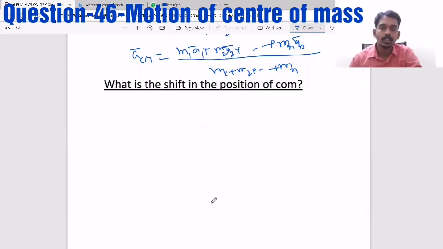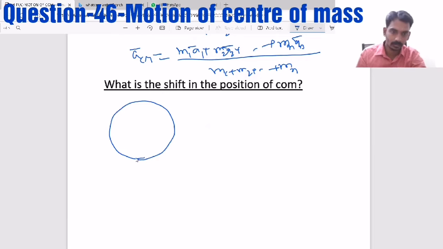Now, the next thing is, what is the shift in the position of center of mass? Usually they ask questions based on this, like when there is a disk or sphere of mass M, radius R. Now from this, you remove a small portion of radius small r, and the removed portion has mass m1 and the remaining portion has mass m2.